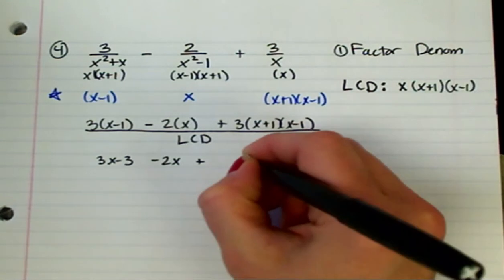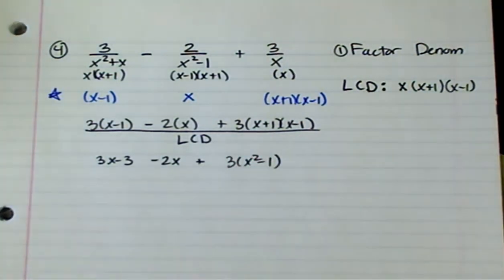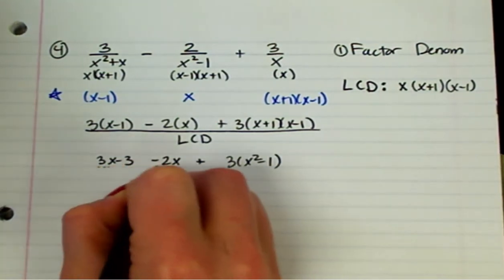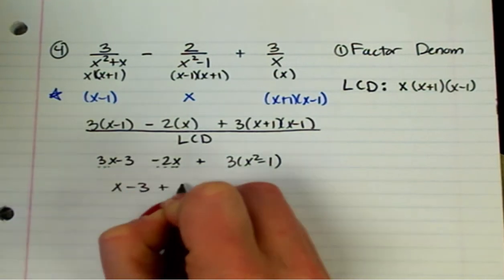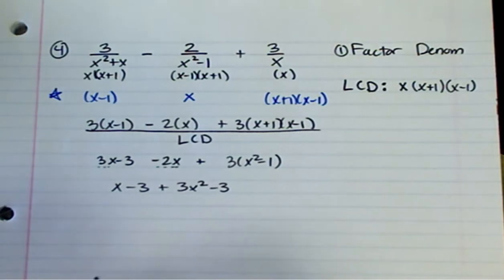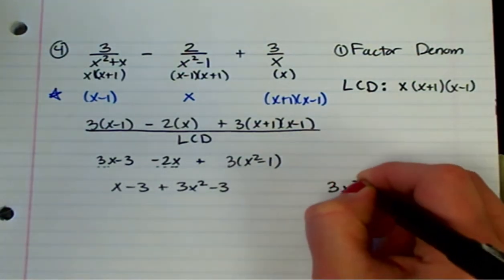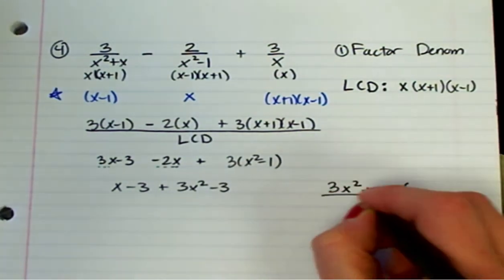Okay, so x squared minus 1. Pick two at a time. So what do we get? Like terms. 3x squared plus x minus 6.